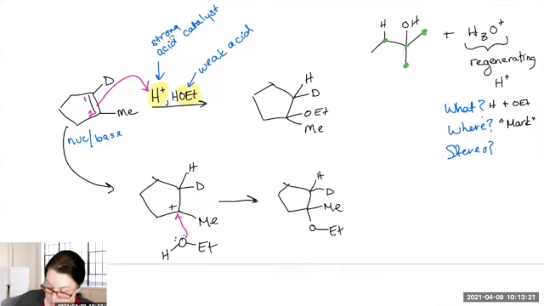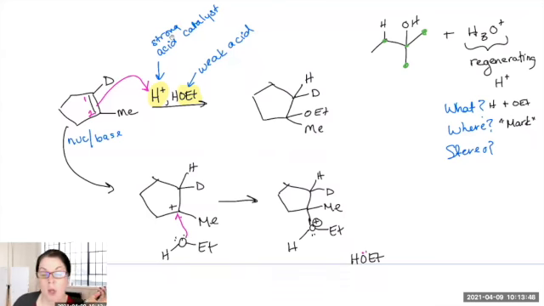So we have a new sigma bond between the oxygen and the carbon. The oxygen still has attached to it the ethyl group and the hydrogen, one lone pair, and it also has a plus charge. Okay. So we need to neutralize it to make it stable. So another molecule of ethanol can come along and act as a base.